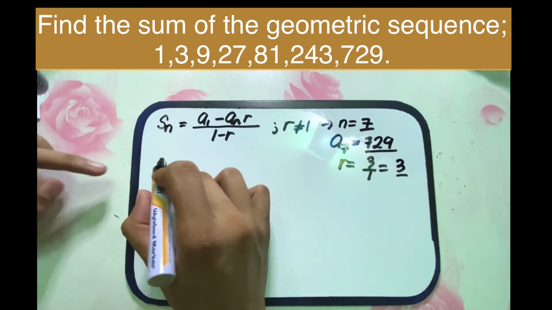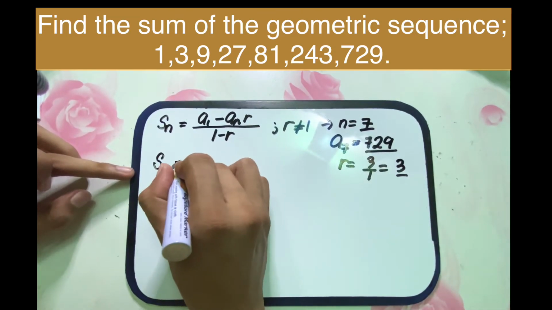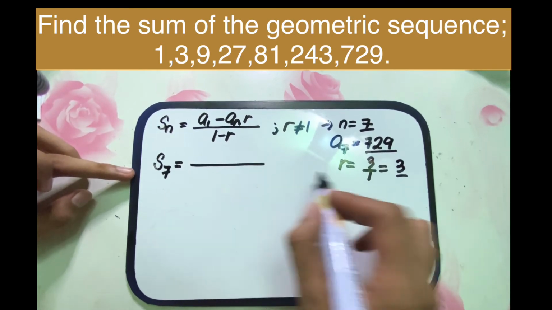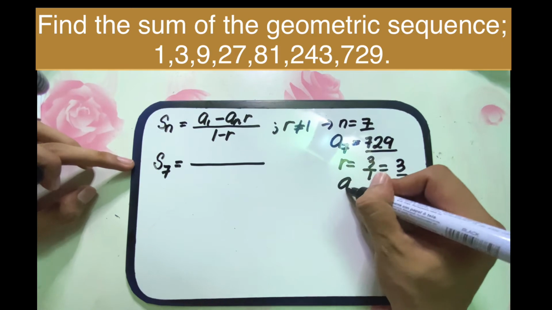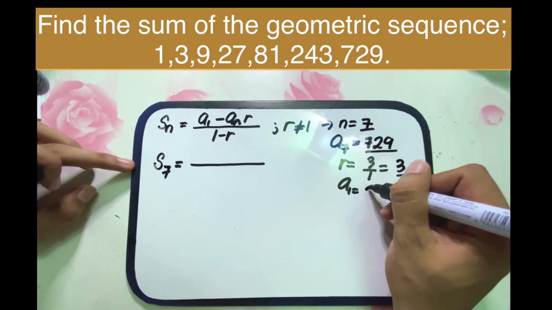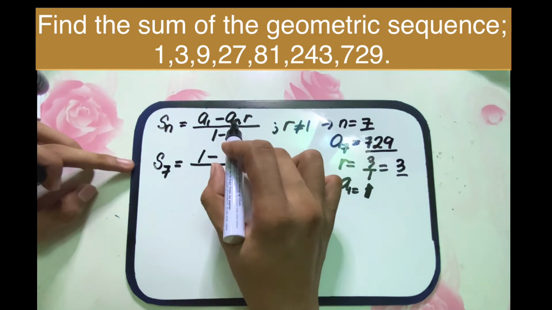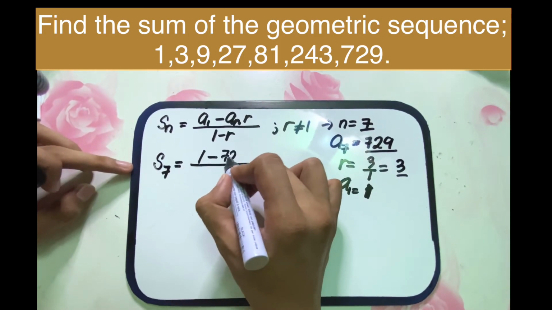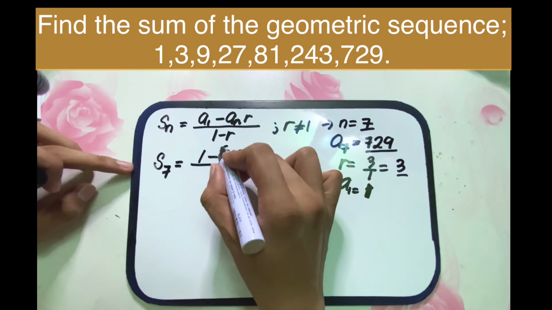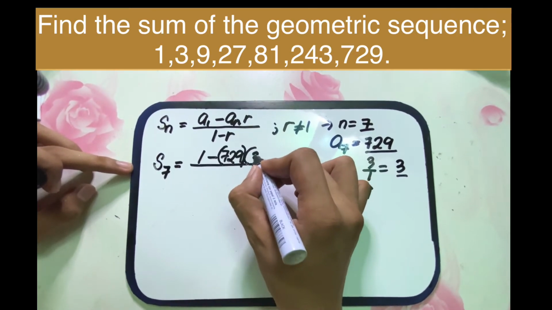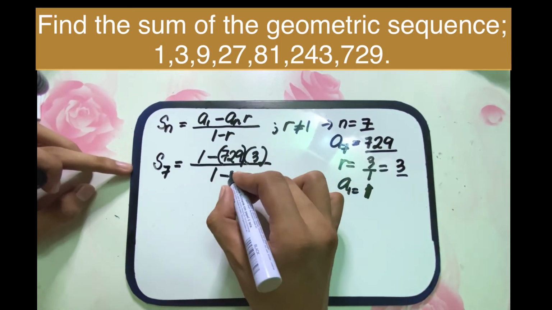So using this formula, S sub 7 equals a sub 1, which from the given is 1, minus a sub n, which is 729, times our ratio, which is 3, all over 1 minus r, again with ratio 3.